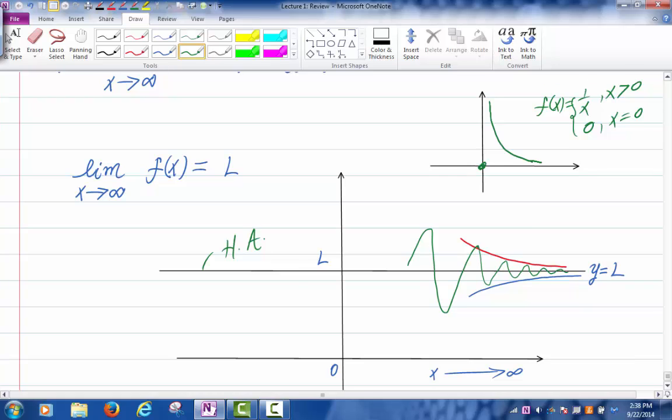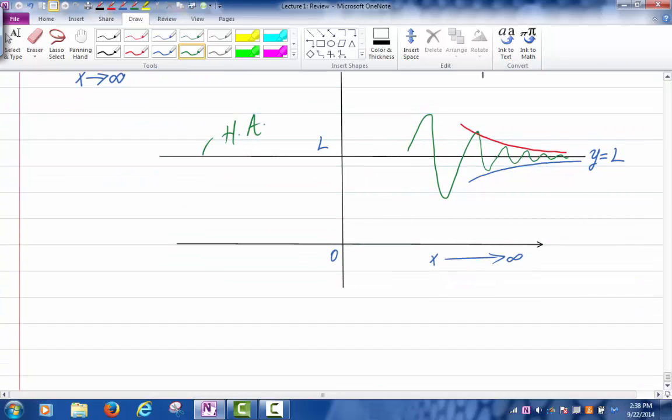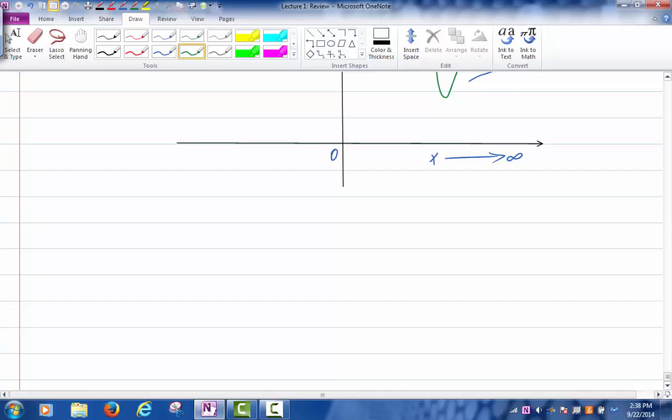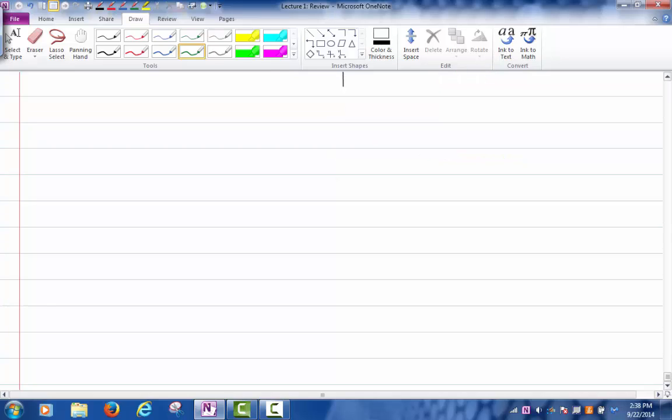Now let's just write down the definition of horizontal and vertical asymptotes. So what's the horizontal asymptote? Y equals L, this is a horizontal line.